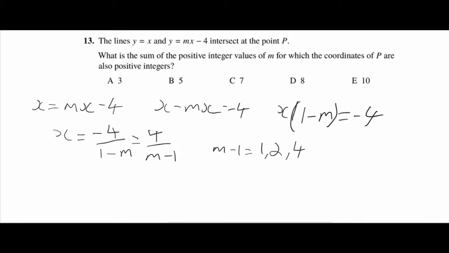And because we want x to be a positive integer, we will not include m minus 1 being equal to minus 1, minus 2, and minus 4. And so if m minus 1 is equal to 1, 2, and 4, that means m is equal to 2, 3, and 5. And so the sum of the possible values of m is 5 plus 3 plus 2, which is 10.